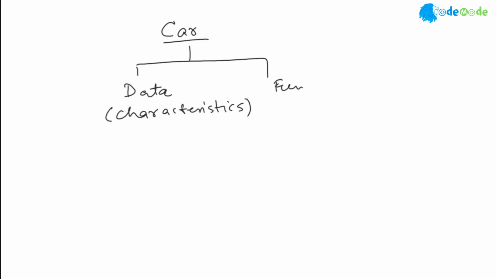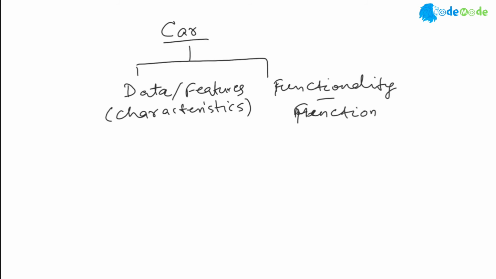and some functionality. Some people also call it data or features, and then you have some functionality, which people call functions. It provides some service. What I mean by that is, take the example of a car.